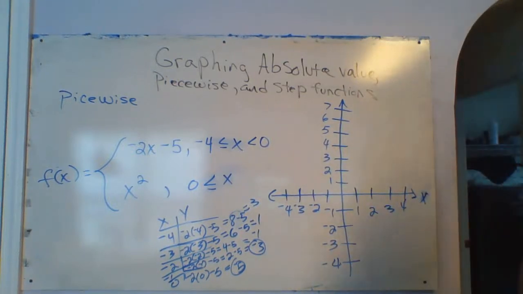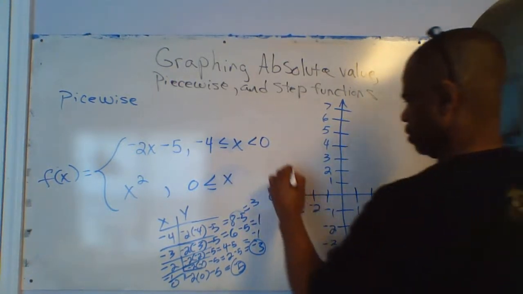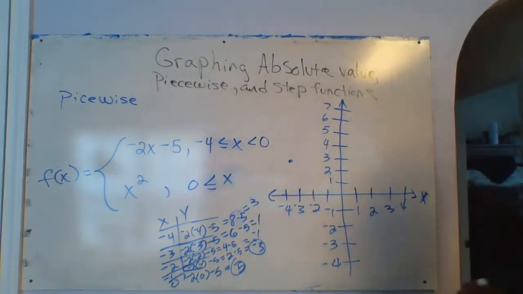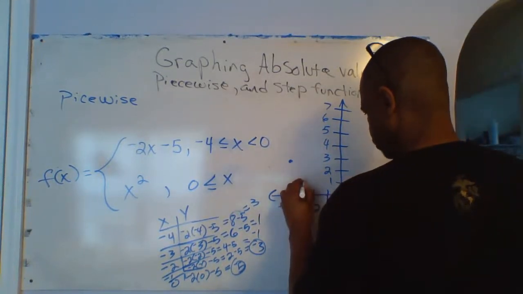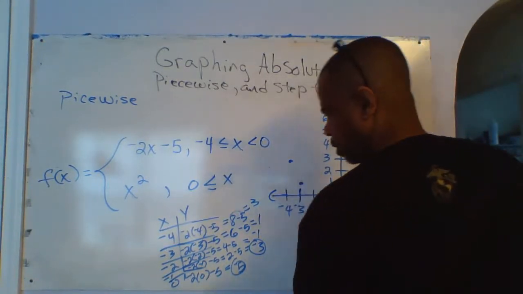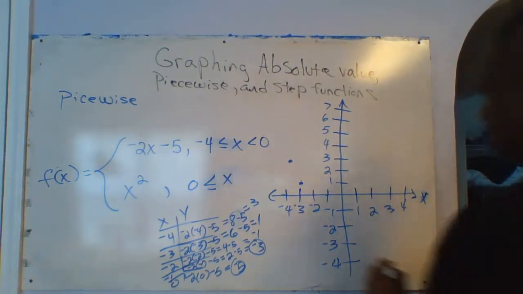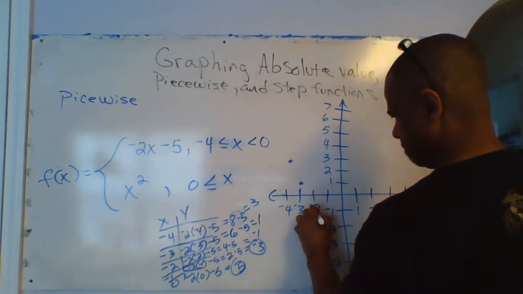All right, so let's try. We have negative 4, 3. And we have negative 3, 1. And we have negative 2, negative 1.